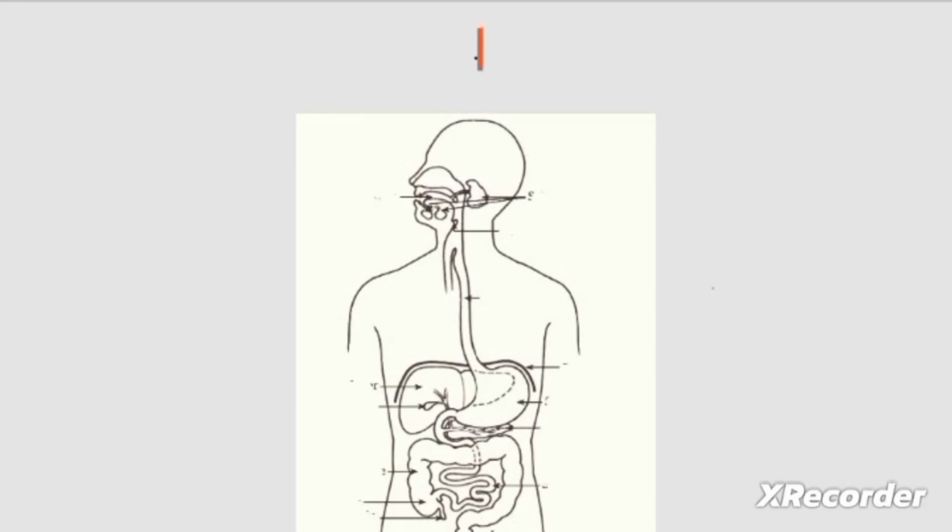In this video, we are going to learn to label the human digestive system. We can label parts of the human digestive system both in English scientific terms and Sinhala scientific terms.